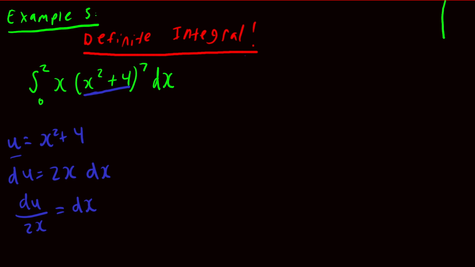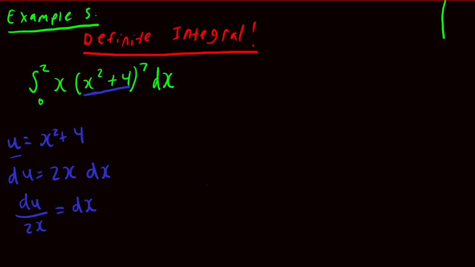So your old bounds, which were in x, don't make sense anymore, okay? So you can't use x bounds in a u integral. It's just wrong. So if you don't change the bounds, then you're basically integrating from x equals 0 to x equals 2, but the inside function is going to be in terms of u, and that doesn't make any sense.